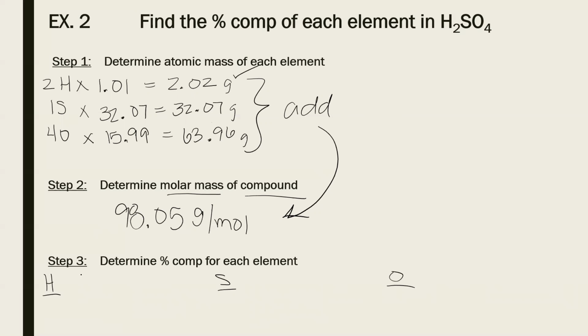So hydrogen, I've got 2.02. For sulfur, I have 32.07. And for oxygen, I have 63.96. And I divide all of those by the compound's molar mass. And then you take that number times 100.